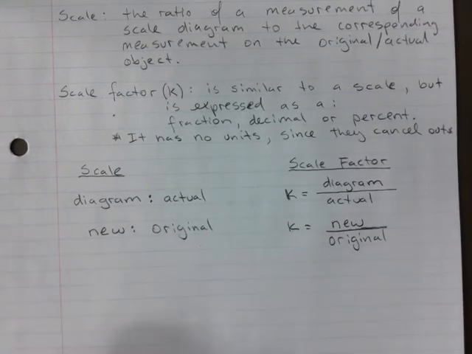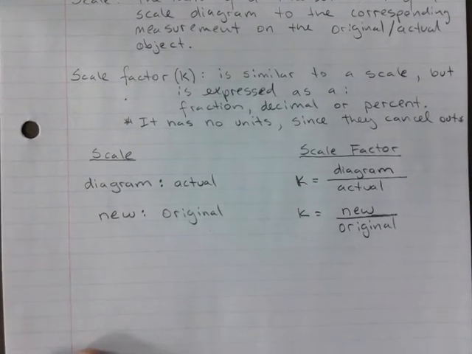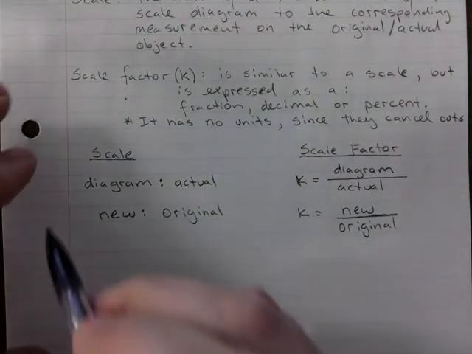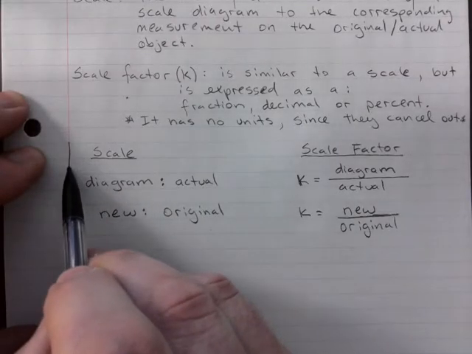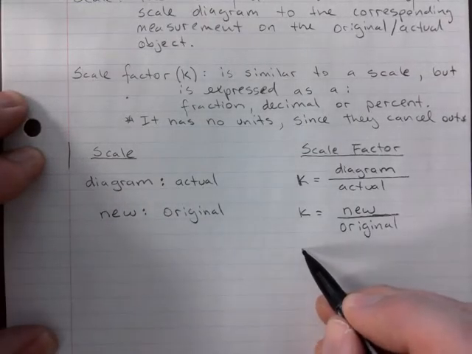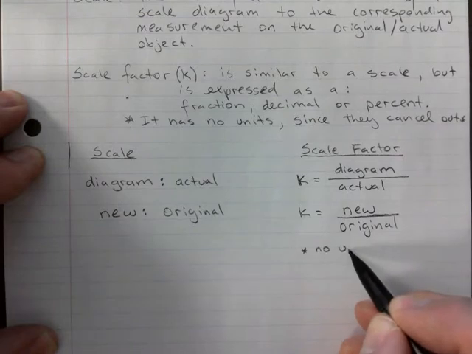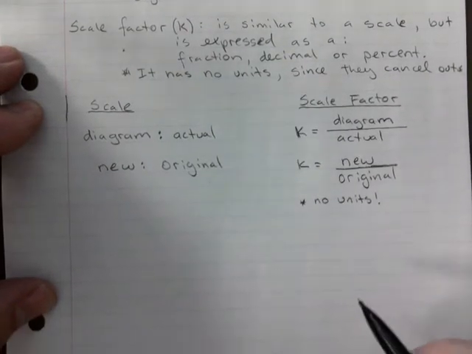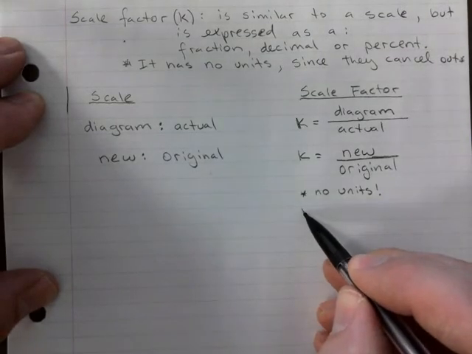Sometimes you make a prototype of something, right? You make a small version of what you want to build. It's like, okay, I'm happy with it, so that's the original. I'm going to make a bigger version of it. That'll be your new. Okay, so I will just make sure you put no units here again. No units, convert as necessary.